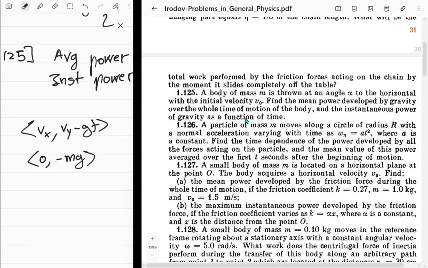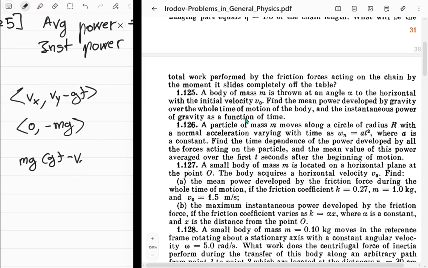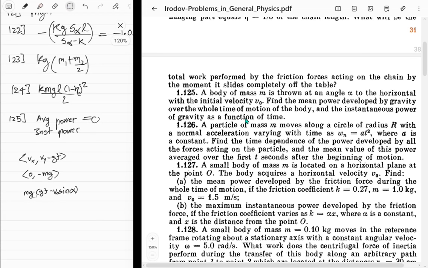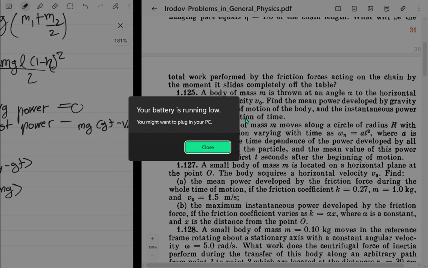Taking the dot product, it's going to be mg times (gt minus vy), where vy is just the initial velocity v naught times sine of alpha. That should do it. So instantaneous power is just this quantity. That's sufficient, I guess.